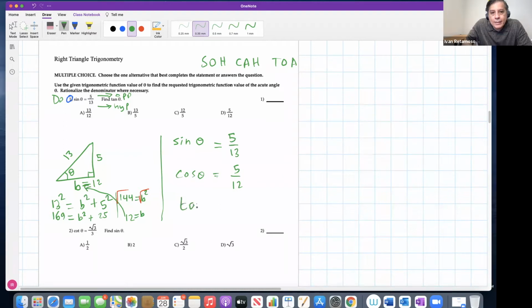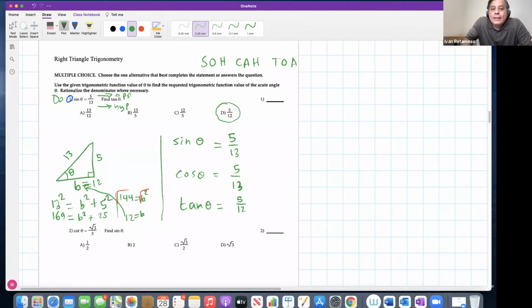And tangent, which they are asking you to get, right? They're not asking you really to get everything, just tangent. Tangent will be opposite 5 over adjacent. This was 13, sorry, this is hypotenuse 13. 5 over adjacent 12, right? So very good. And this is this.